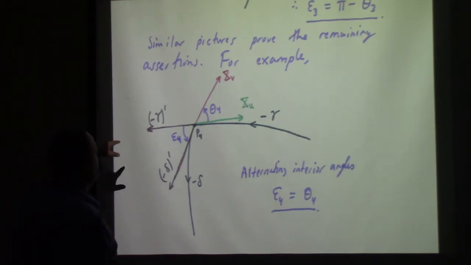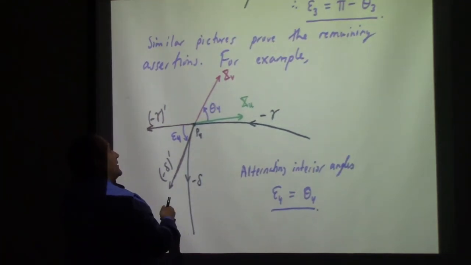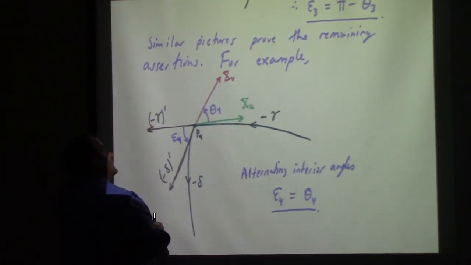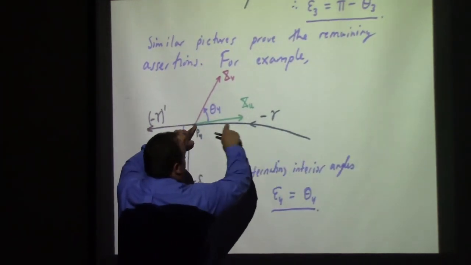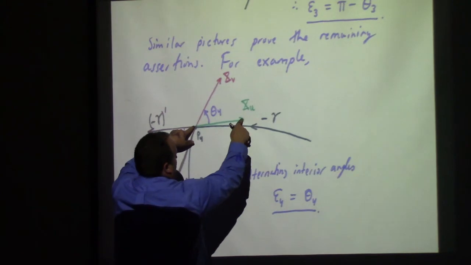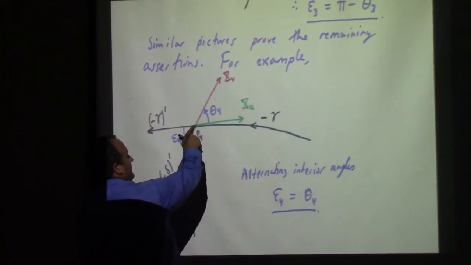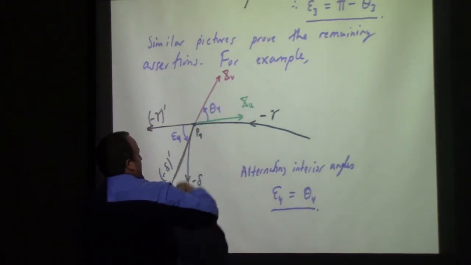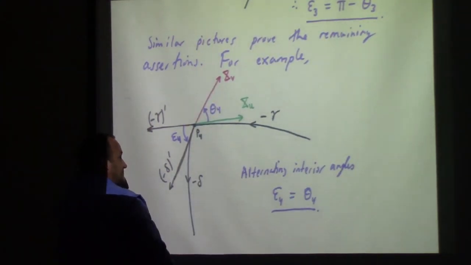Well, gamma is like this, and the tangent to gamma is XU. Yes. Delta is like this, and that is the tangent to delta. Are you saying that E4 is going from negative delta, or are you saying it's going to negative delta prime?